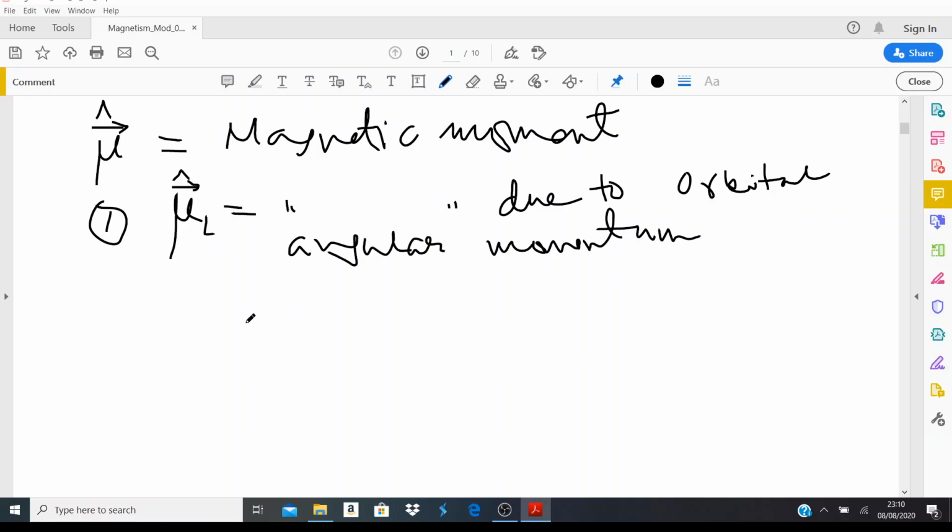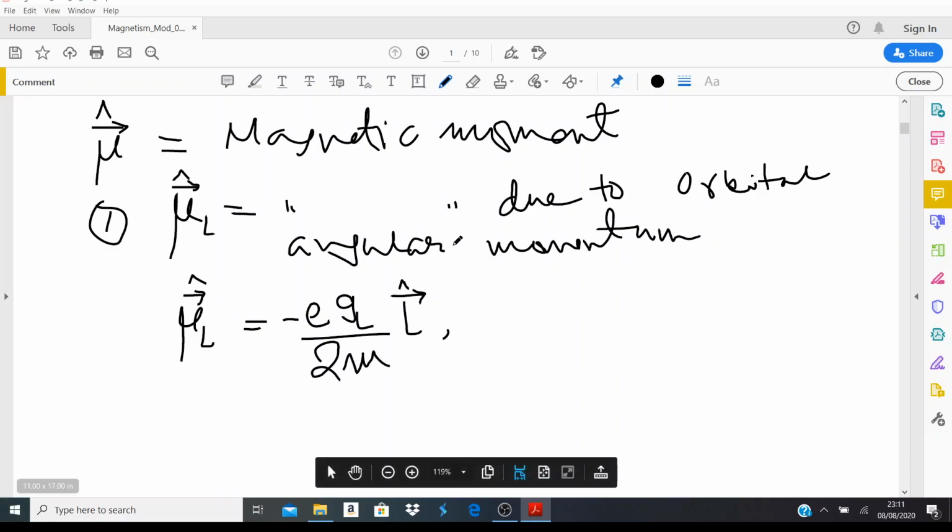The magnetic moment due to orbital angular momentum, which is an operator, is related with the orbital angular momentum of an electron by this relation. So we have some factor here, which is the charge of the electron, which is minus e, times some factor G subscript L, and then twice the mass of the electron, right? Here we know all of this quantity, and the new one is the G L.